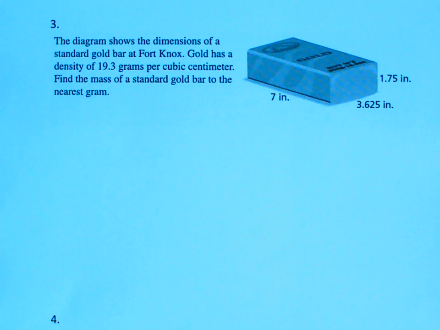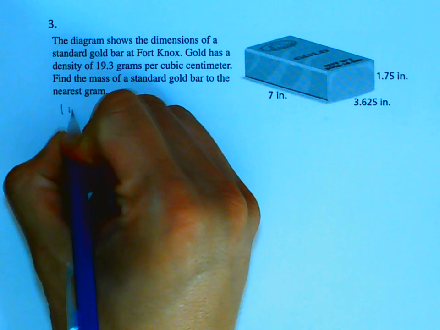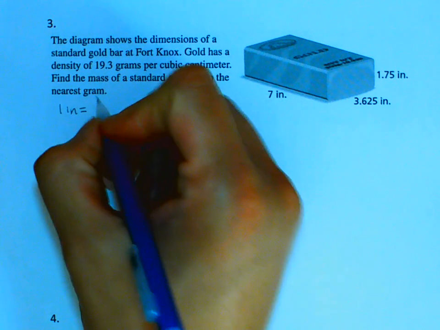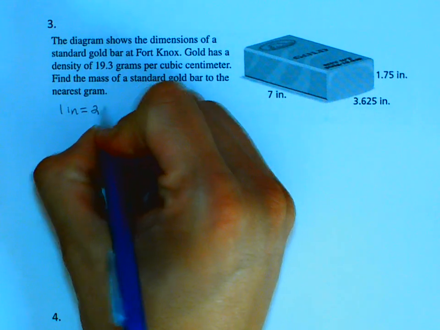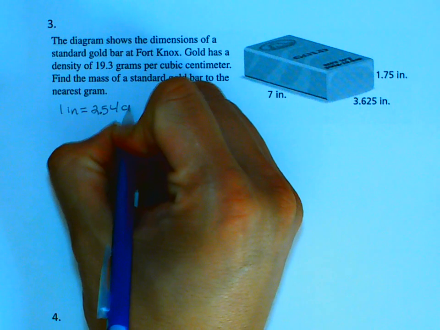So our issue here is that everything here is in terms of inches. So what we got to do is make a couple of conversions. In order to make those conversions, we need to know a couple of things. The first thing, 1 inch is equivalent to 2.54 centimeters.